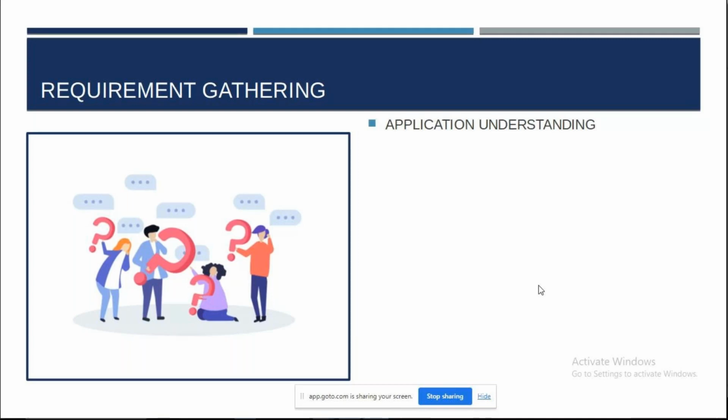Now the application which will be undergoing performance testing, right? We are going to do the performance testing of an application. Now if we do not understand the application, how that application is behaving, we will not be able to determine how we can do the best possible performance testing for it. So we need application understanding.